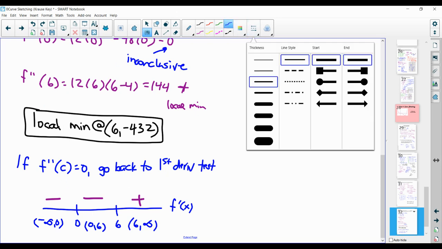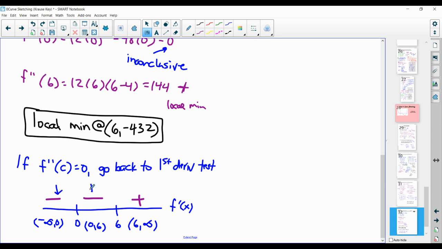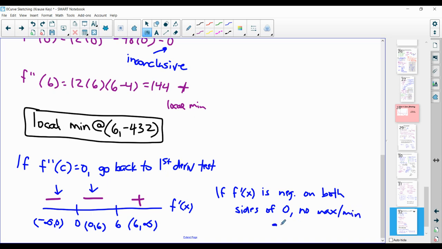Well, if the first derivative is negative on both sides of 0, that means there's no max or min. So it's going down here and it's going down here. So if the first derivative is negative on both sides of 0, there is no max or min at that point.